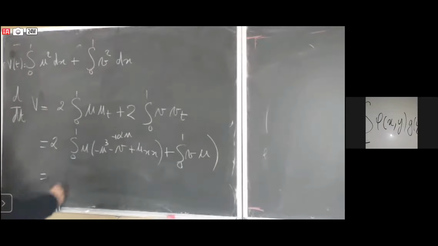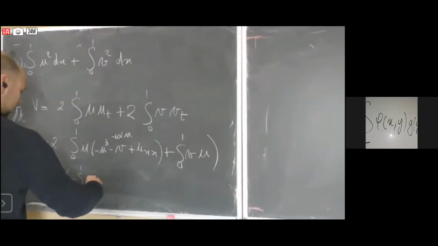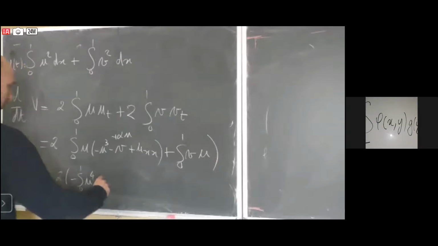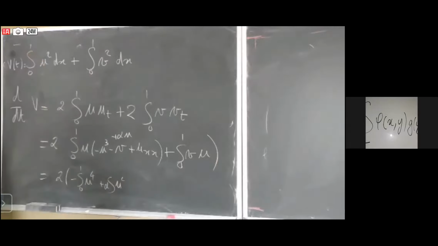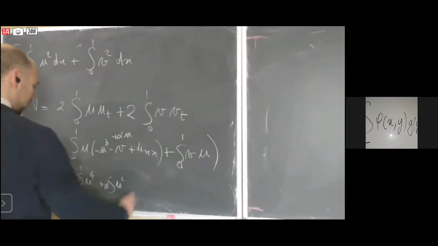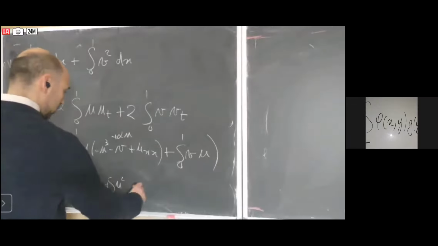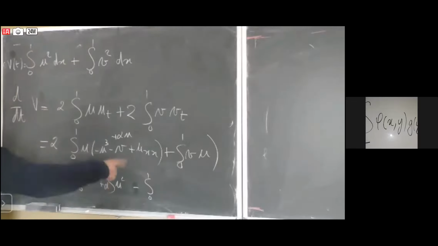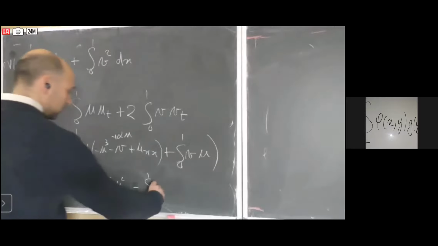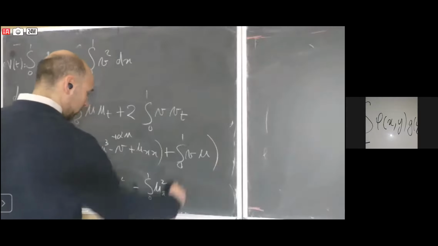And so you get 2 times the minus integral plus, and using an integration by parts, and thanks to the boundary condition, we get that.